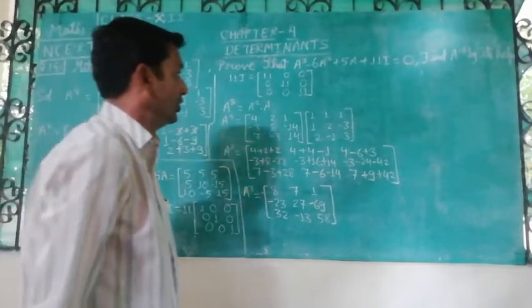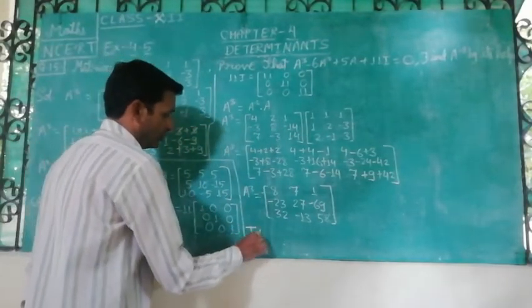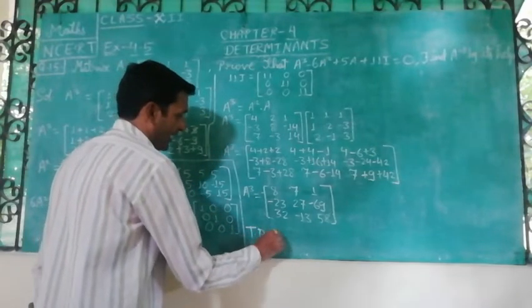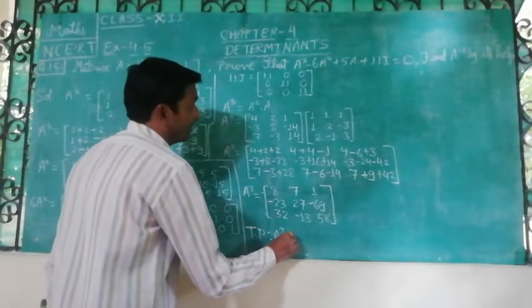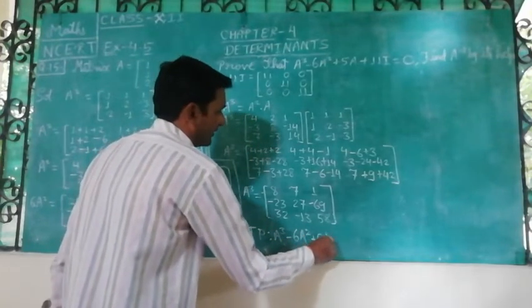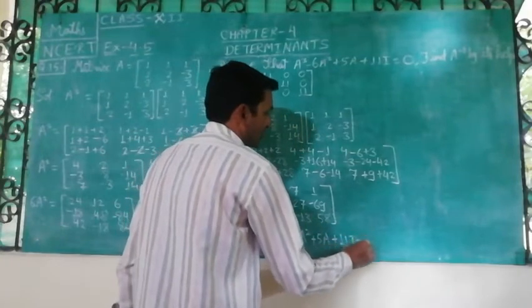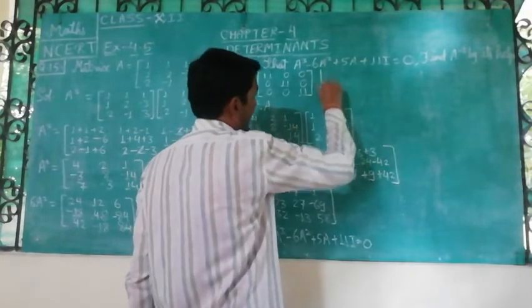Now what we have to prove? To prove, A cube minus 6A square plus 5A plus 11I is equal to 0. So LHS I am taking here.